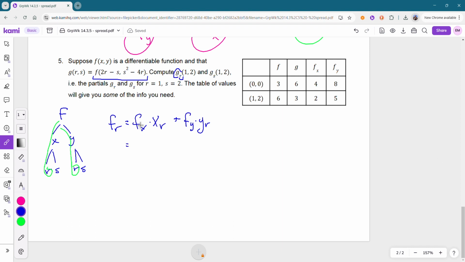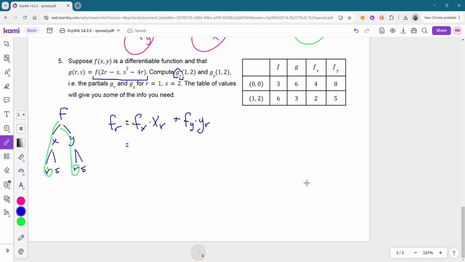And so the partial of f with respect to x at our, let's see, I'm looking over here at the table, we're given some f information. We don't know what f actually is, right? So we need to rely on what's over here. We have fx, but at two different points, and so these we need to interpret.